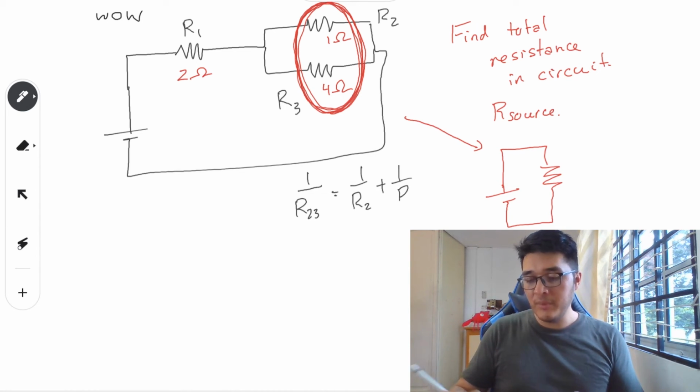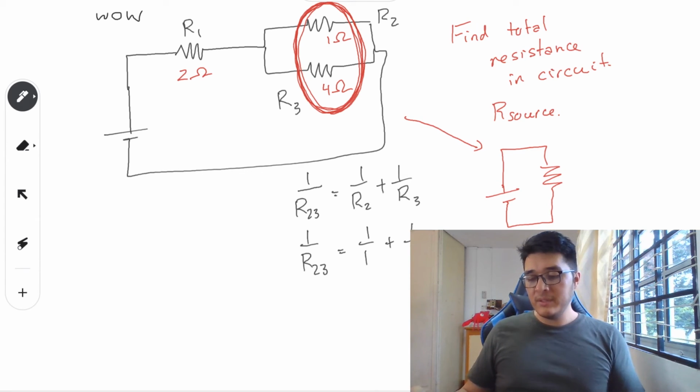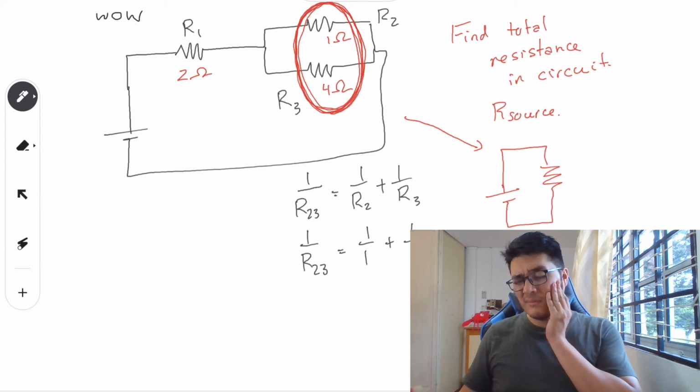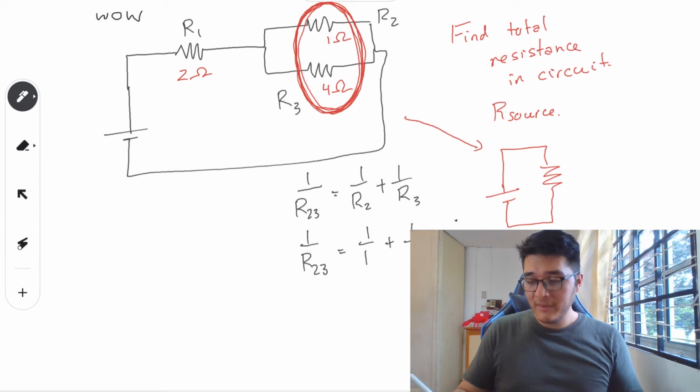They're reciprocal formulas. So this is 1 over 1 plus 1 over 4, which is, oh, I should have picked easier numbers. 5 over 4, right? Yes. And then we do Josephine's trick. We do the reciprocal, which would be 4 over 5.